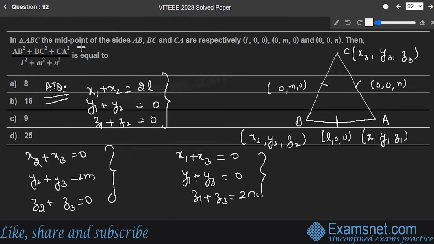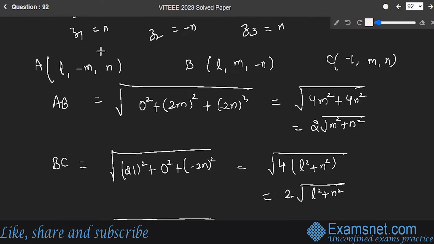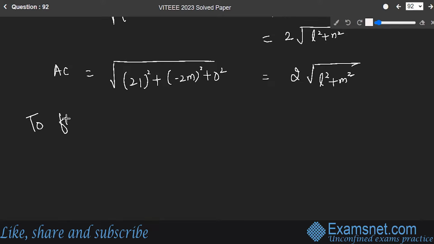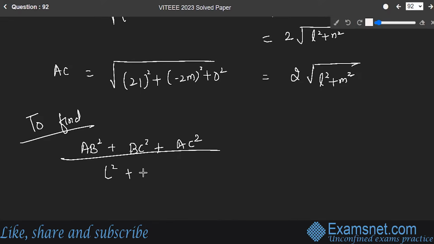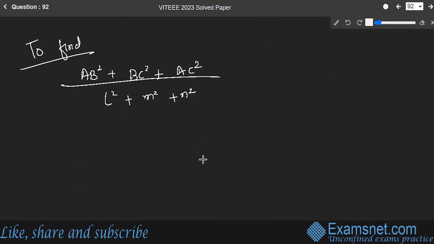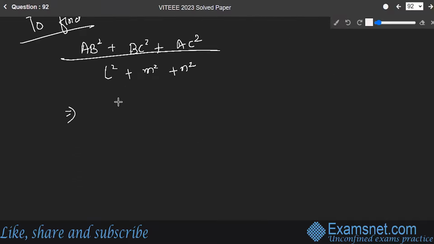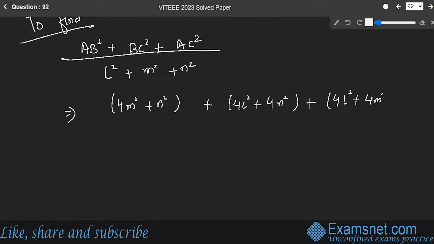Okay, now you have to find out the value of this expression. Let's write it down. To find this, AB square plus BC square plus AC square, whole divided by L square plus M square plus N square. So AB square was equal to 4M square plus 4N square, BC square will be 4L square plus 4N square, and AC square is 4L square plus 4M square, whole divided by L square plus M square plus N square.